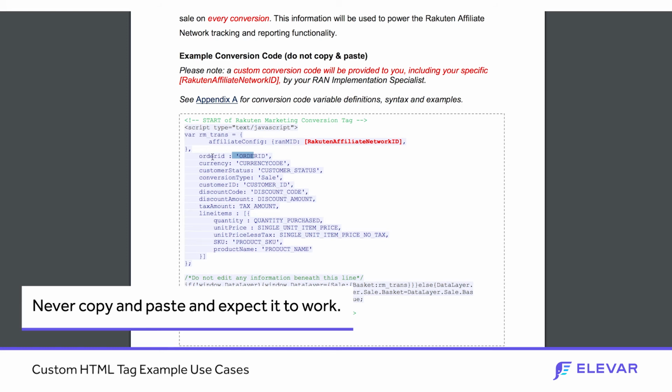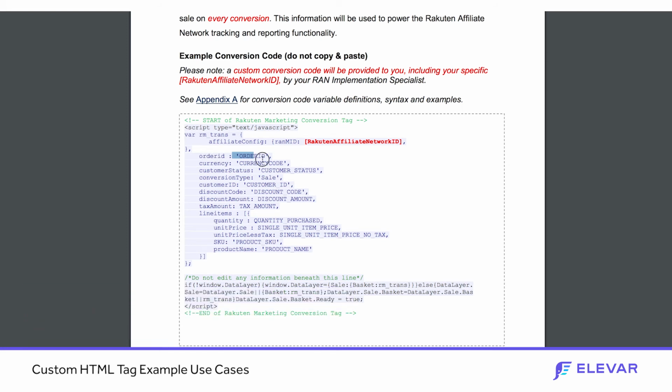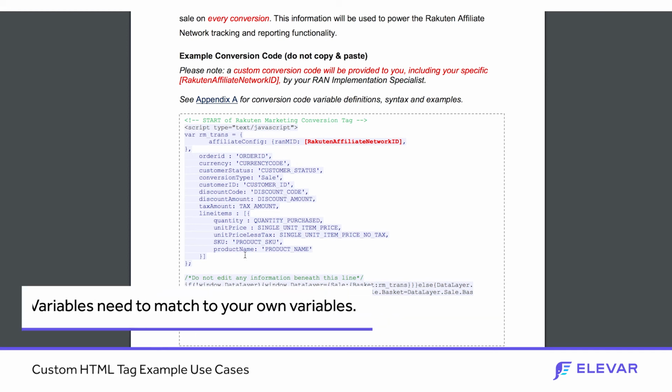These are all variables. If you just look at the labels here, these have not been mapped to variables that exist in your data layer. So these would be the exact values that are returned if you were to just simply copy and paste this into your Google Tag Manager account without changing these out for data layer variables that match your specific store.